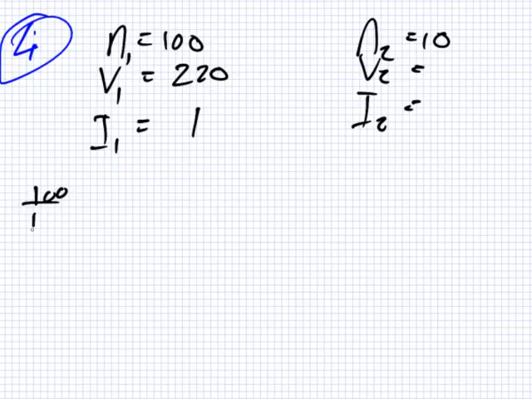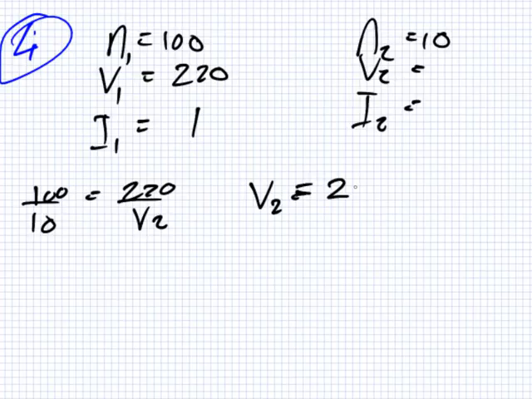Okay, so N1 over N2 equals V1 over V2. So that means V2 I think will be 22. Yes. 22 volts. Now, the transformer is only 90% efficient.